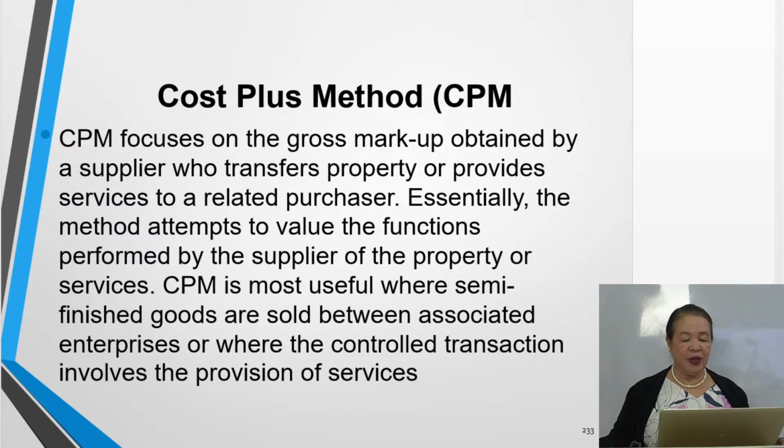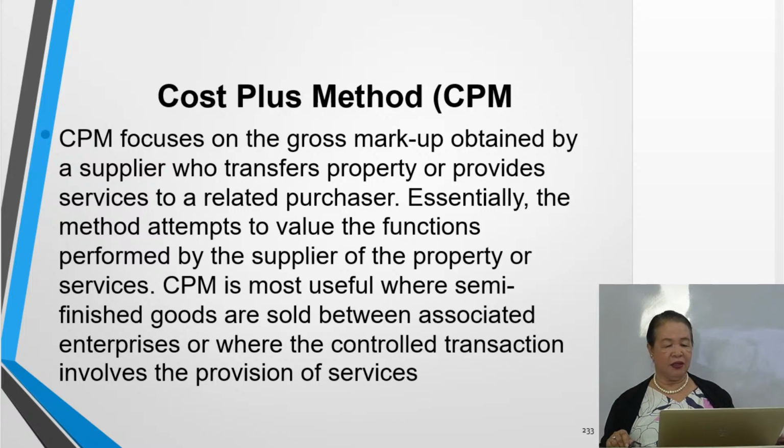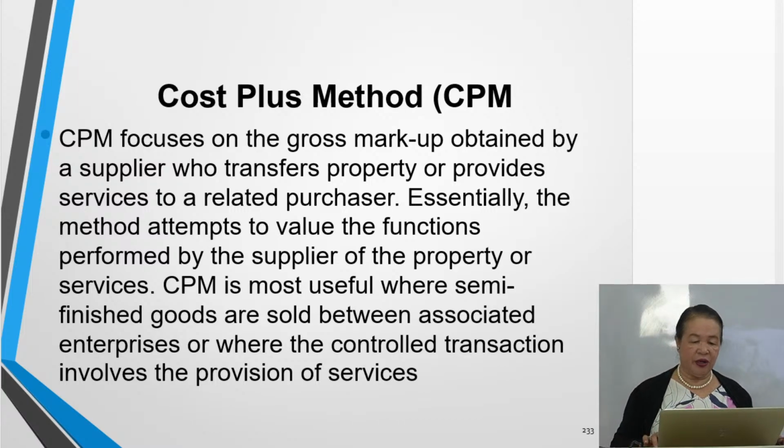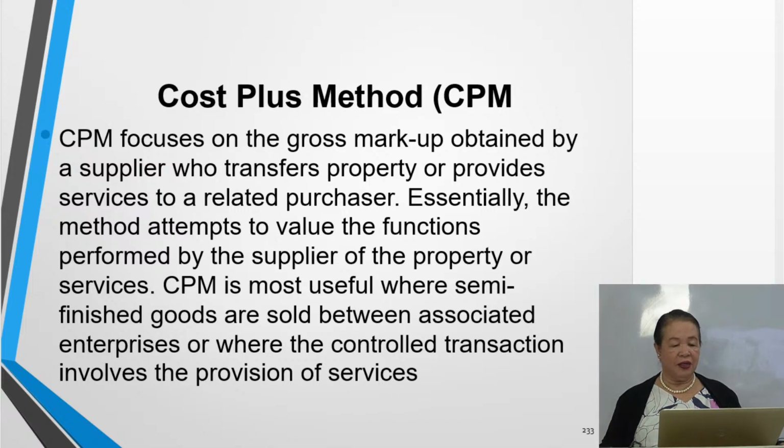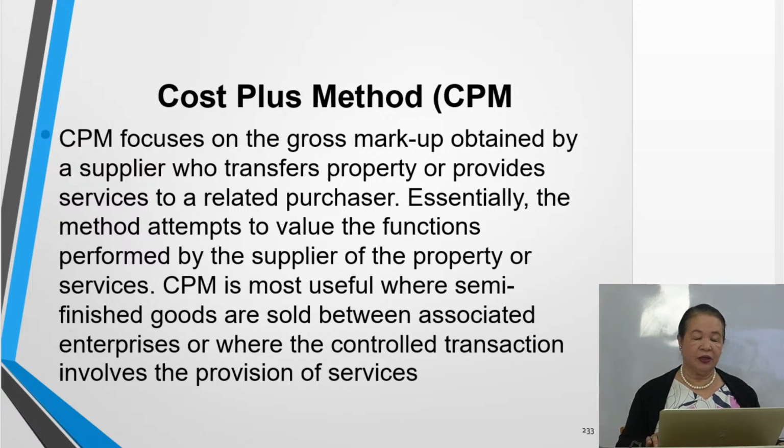CPM is most useful where semi-finished goods are sold between associated enterprises or where the controlled transaction involves the provision of services. So in the cost plus method, what does cost plus mean? The cost. So what we look at in the cost plus method is how much your gross profit margin is, and that is what is compared with the other comparables.